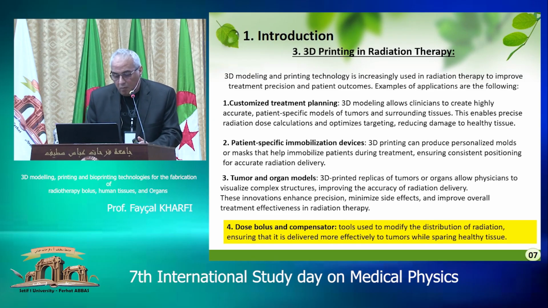Bolus and compensator in radiation therapy are tools used to modify the distribution of radiation, ensuring that it is delivered more effectively to the tumor while sparing healthy tissue.